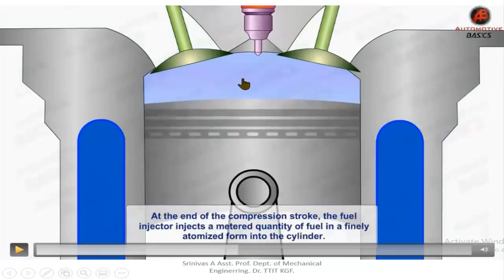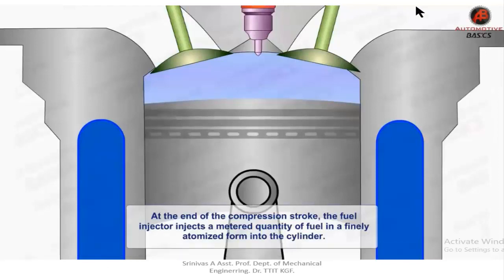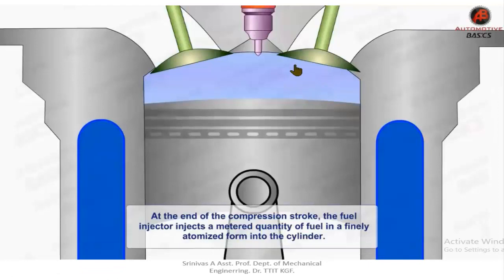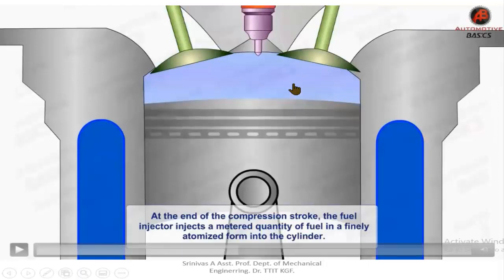When it reaches TDC, the air is heated so that its temperature becomes higher than the self-ignition temperature. Here no spark plug is used. The burning does not take place because of a spark. The burning takes place because of the self-ignition of the fuel. That is the one word you keep in your mind.